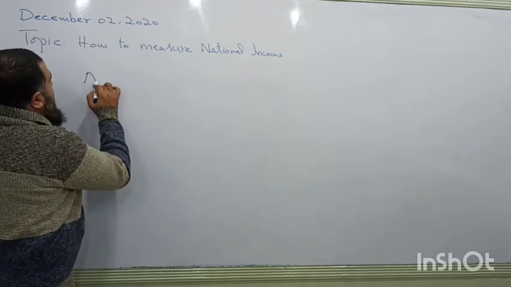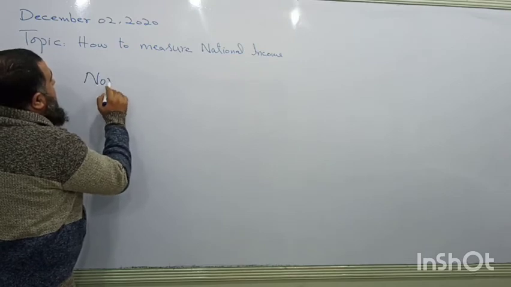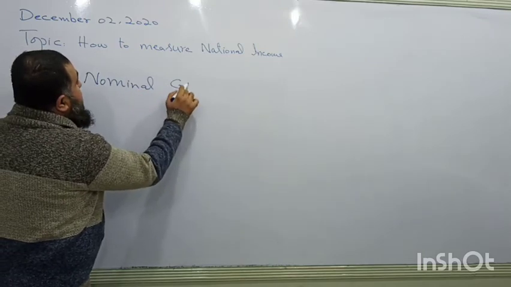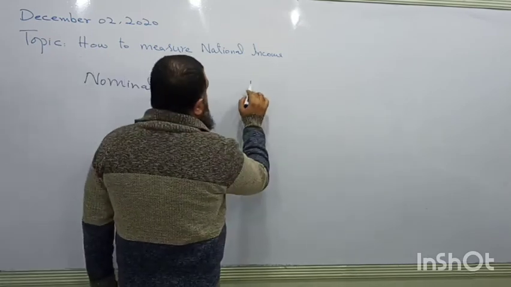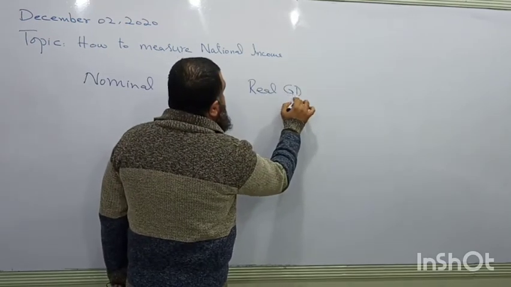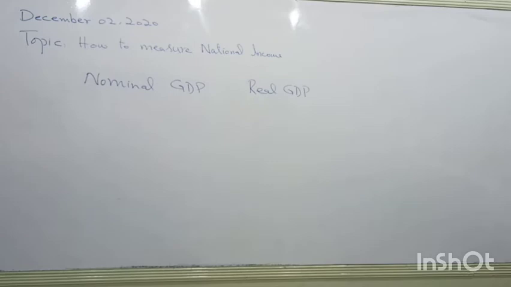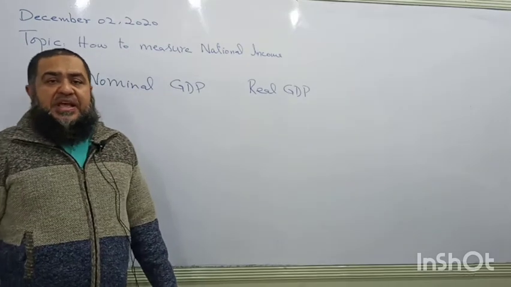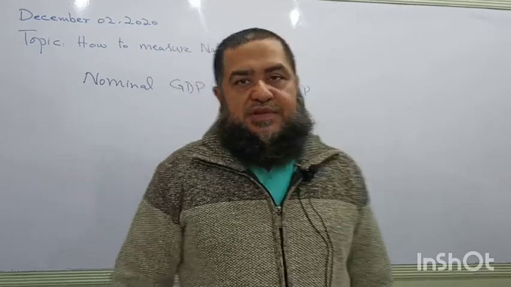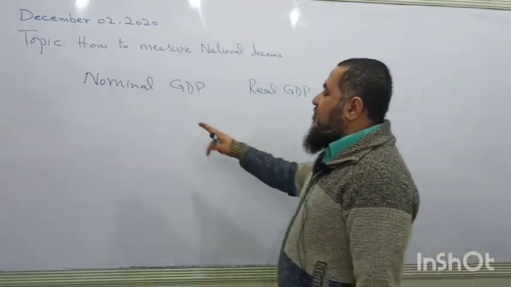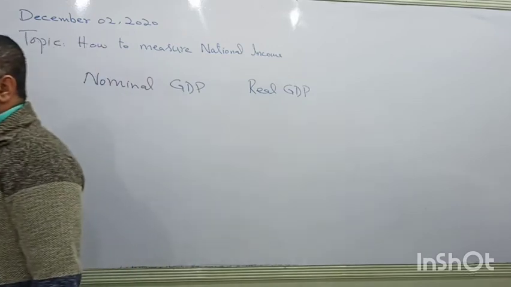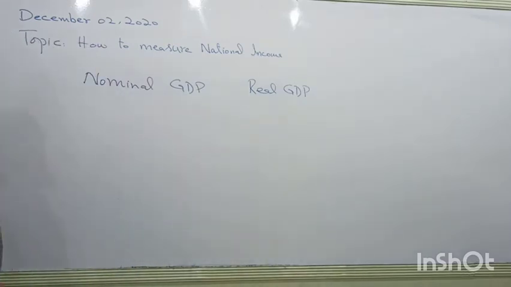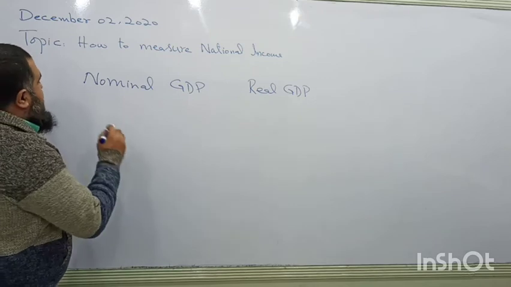Now, what is meant by nominal GDP and what is meant by real GDP? Nominal GDP means when GDP is measured at the current year price level. When GDP is measured at the current year price level, then we say it is inclusive of inflation.